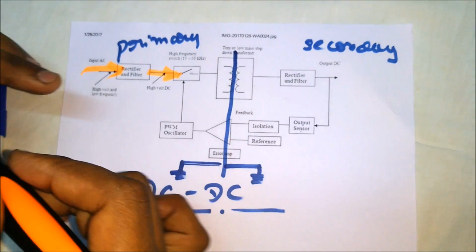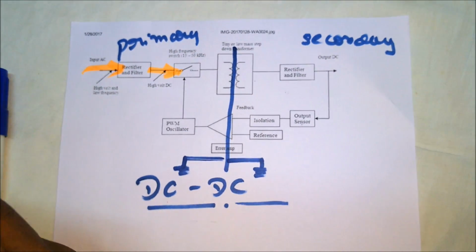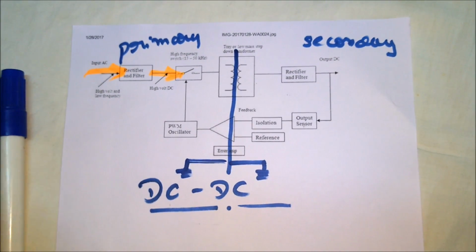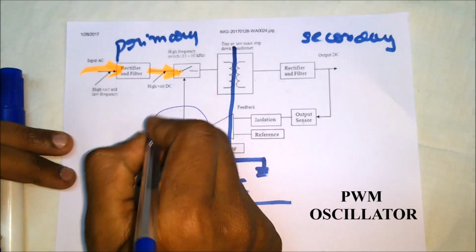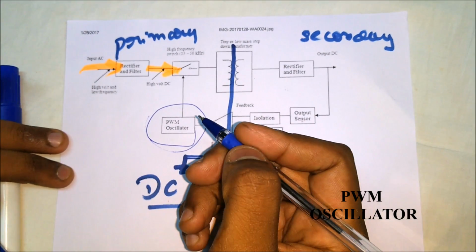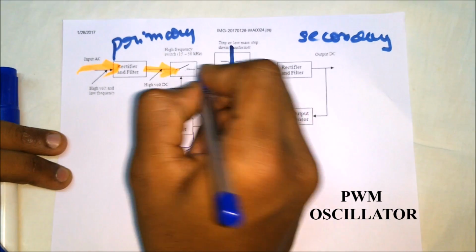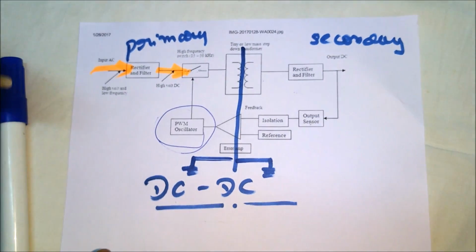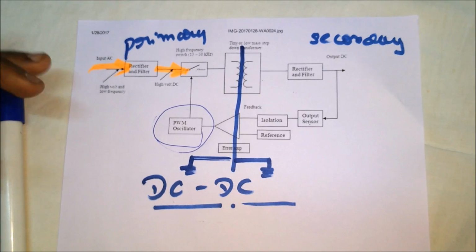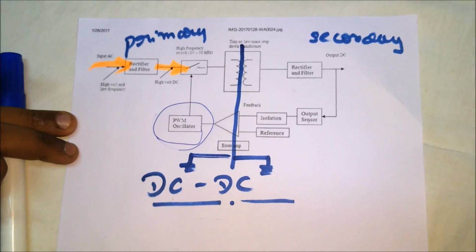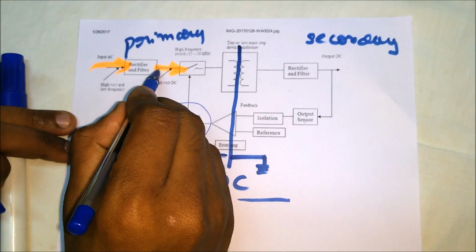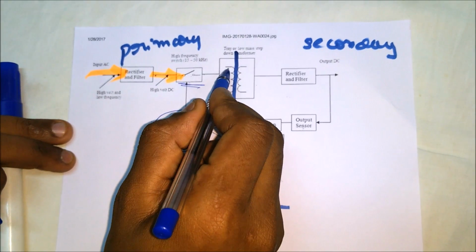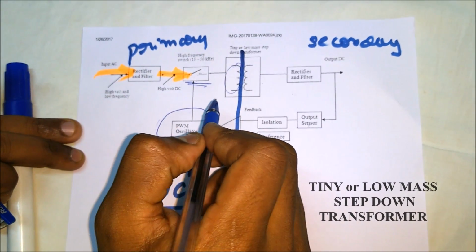This is the input section, and let me denote the cold area and the controlling lines with my blue pen. This is where the control systems are provided: a PWM oscillator and a driver for this switch. This switch is either a BJT, MOSFET, or any switching device which converts power by switching. The supply given to the switch connects to the input transformer.